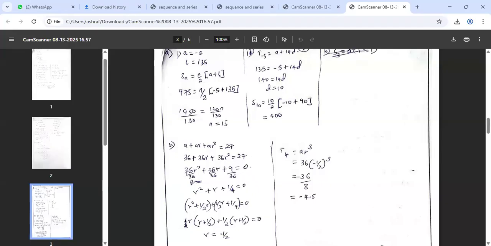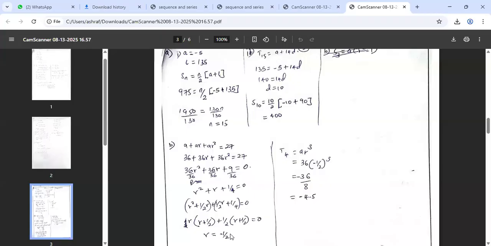Then you just work out, this is a quadratic equation. So you can use any formula. You can use quadratic formula. You can use factor method. So I've used factor method to find the value of R. So you're going to get R as -1/2.